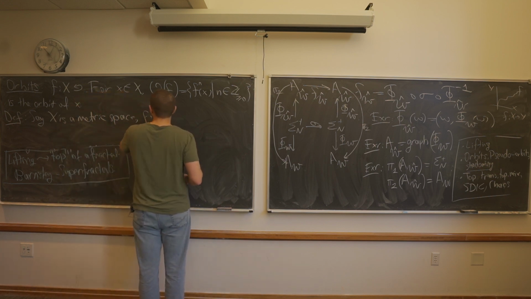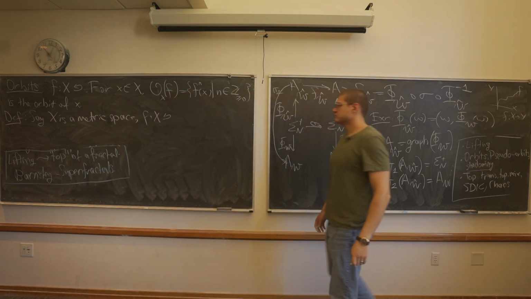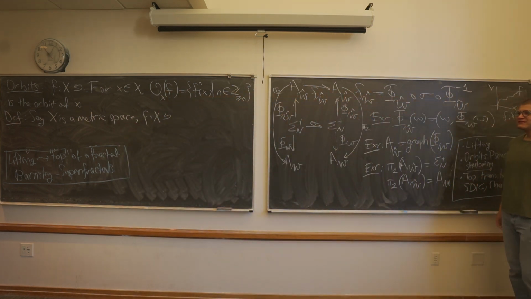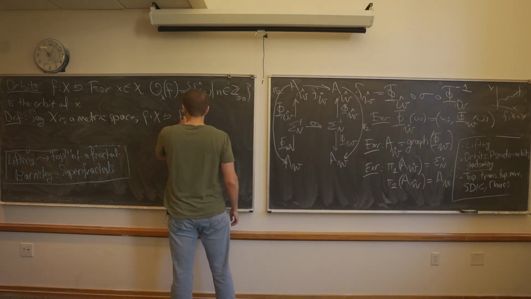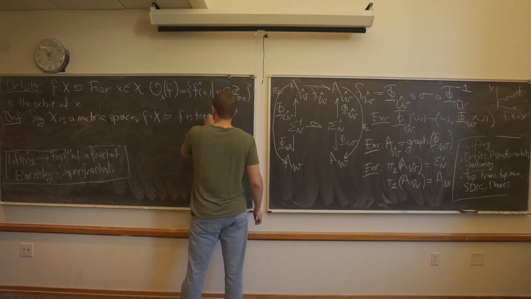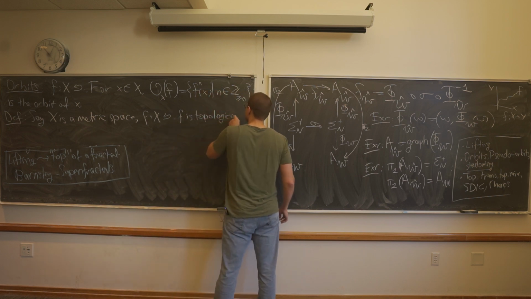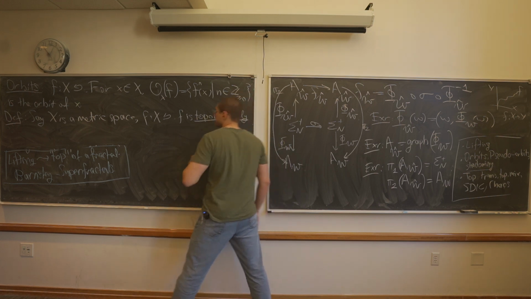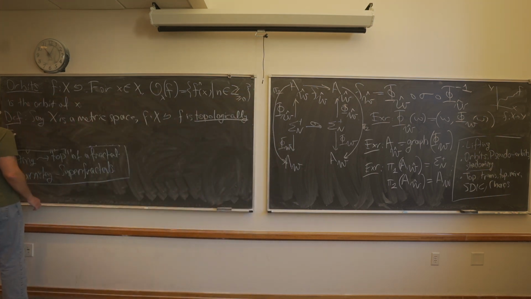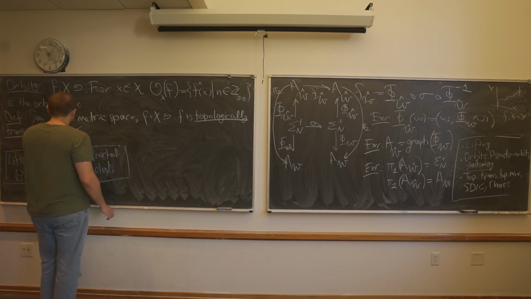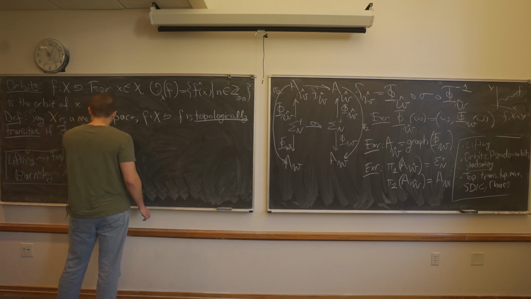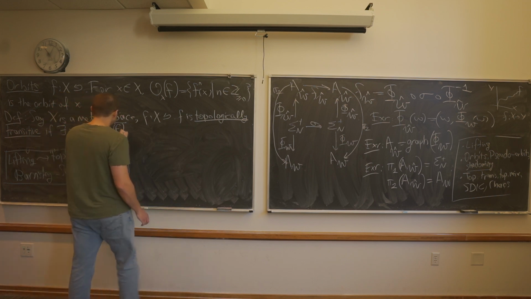And again, I have some function, not necessarily continuous. I'm going to say that f is topologically transitive if there's an x in X such that the closure of O sub x of f is everything.